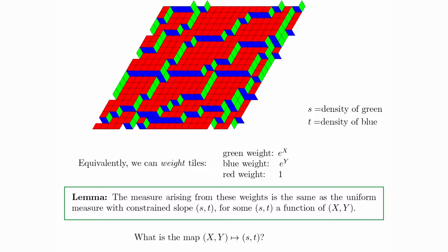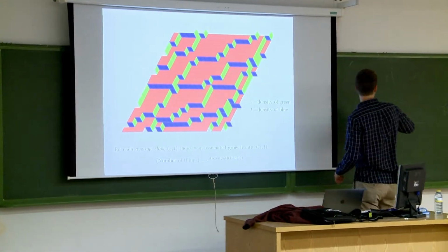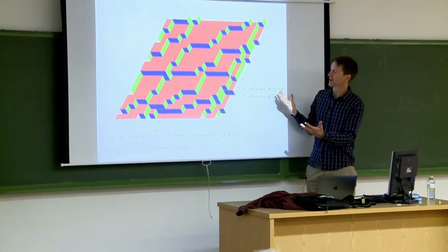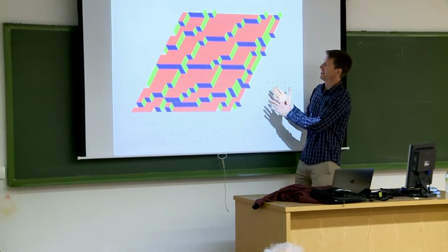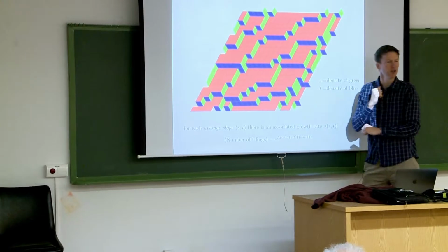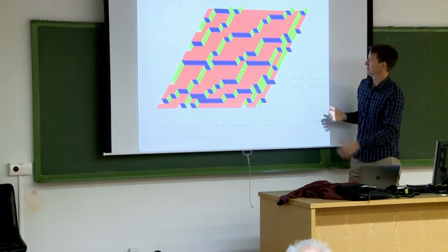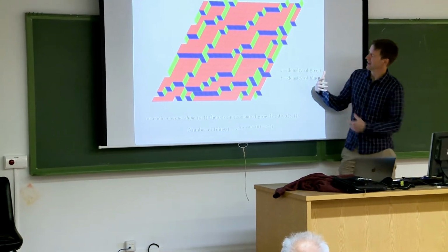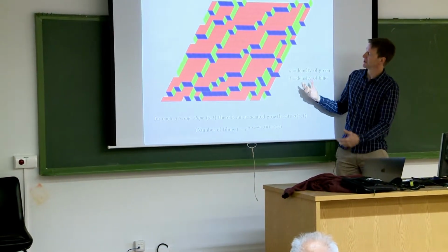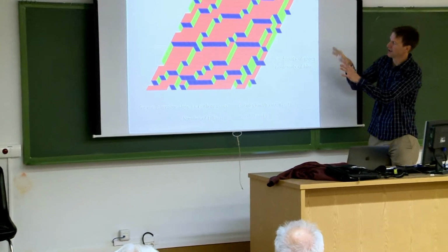So again, for each slope of surface, there's some growth rate. If I take my step surface and I constrain it to have a particular slope, I can also think about it as a tiling problem with blue tiles, green tiles, and red tiles, and I have to fit those tiles together.